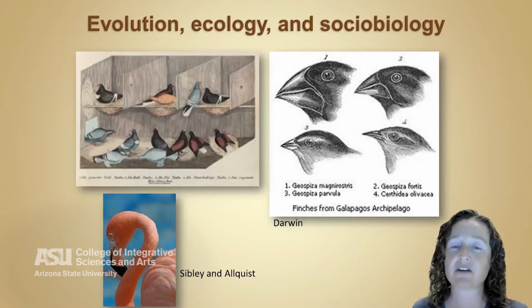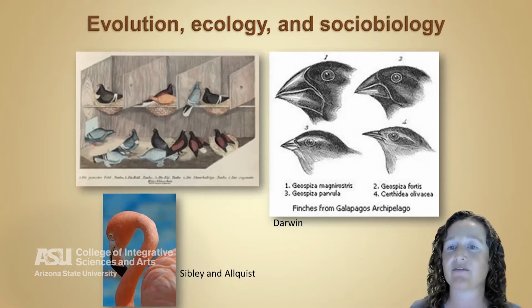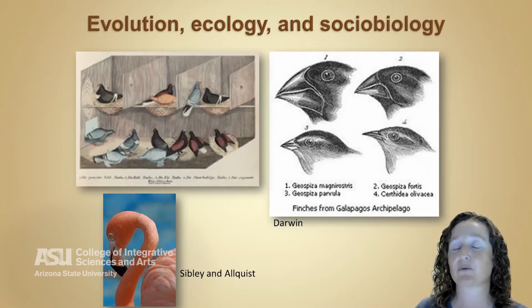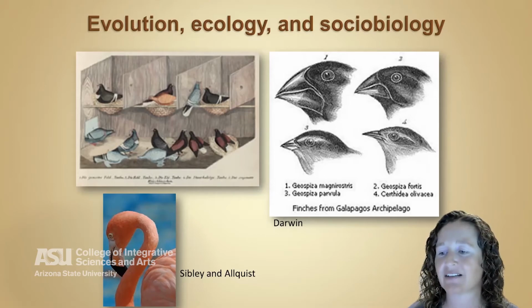And today, modern techniques use molecular information to help identify and separate species. For example, we'll talk about how flamingos were one of the first species where researchers were looking at their DNA to understand where to place them in phylogenetic trees.